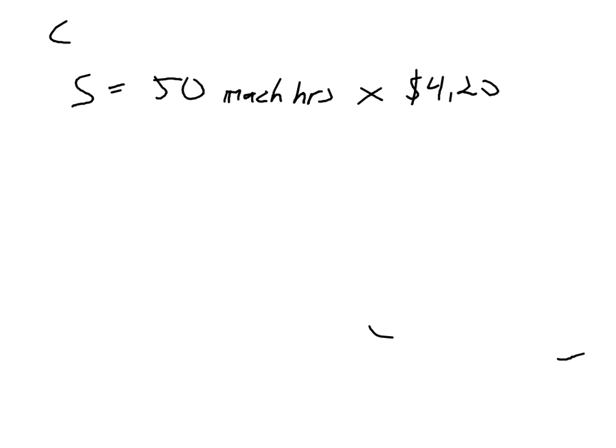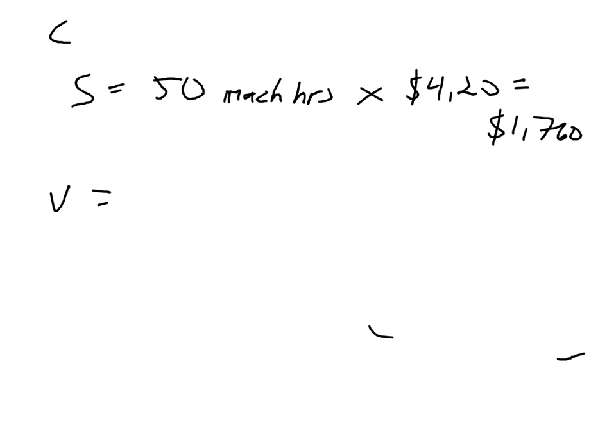So it says here that the strawberry requires 50 machine hours. We're going to multiply that by the 4.20 rate that we calculated, and we get 1,760.